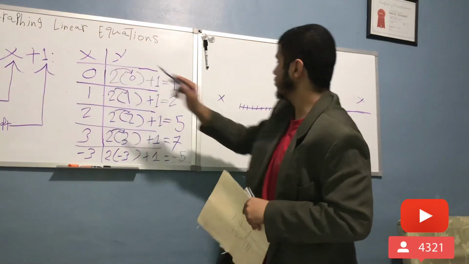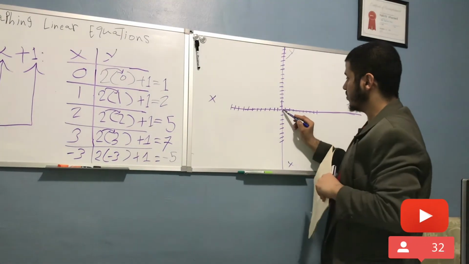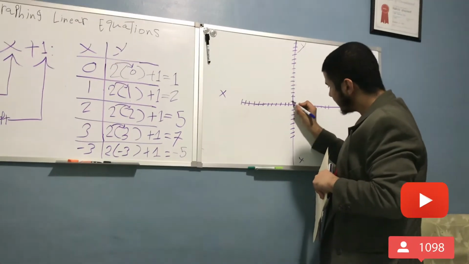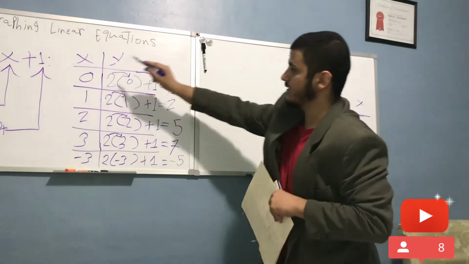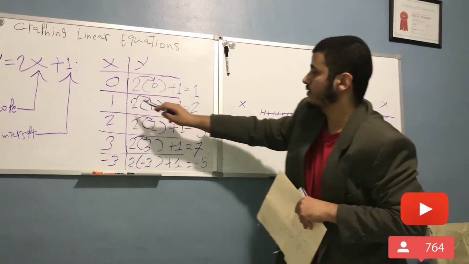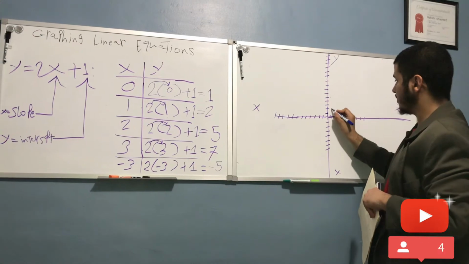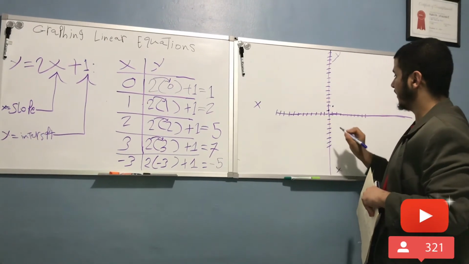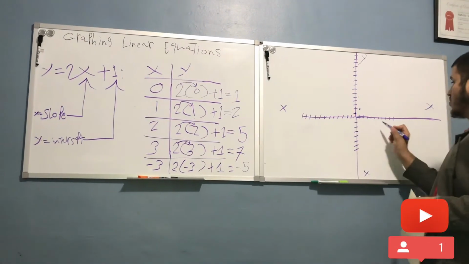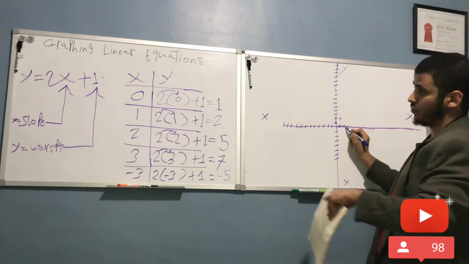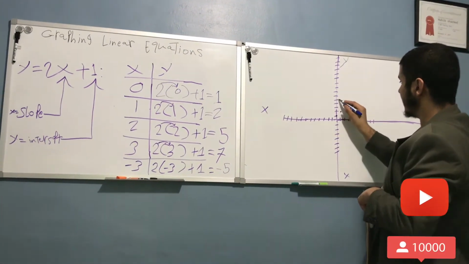I have the x-axis 0 right here, and the y-axis is 1. It's 0 and 1. I'm going to put the point right here. My second one: the x-axis is 1, and the y-axis is 2. Then the x-axis is 2, and the y-axis is 5: 1, 2, 3, 4, 5.